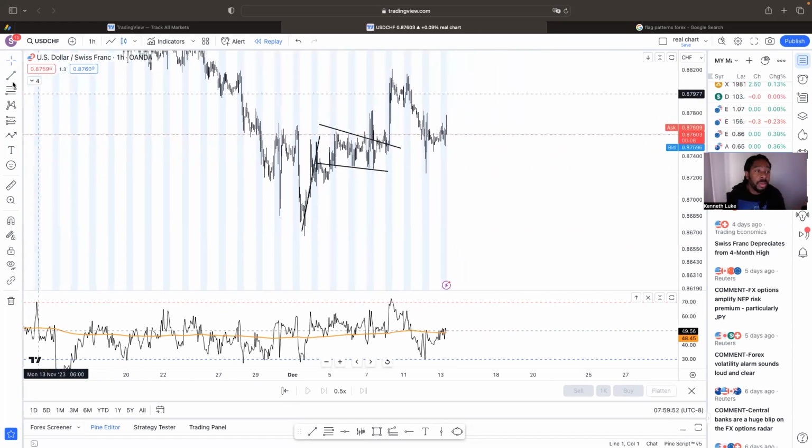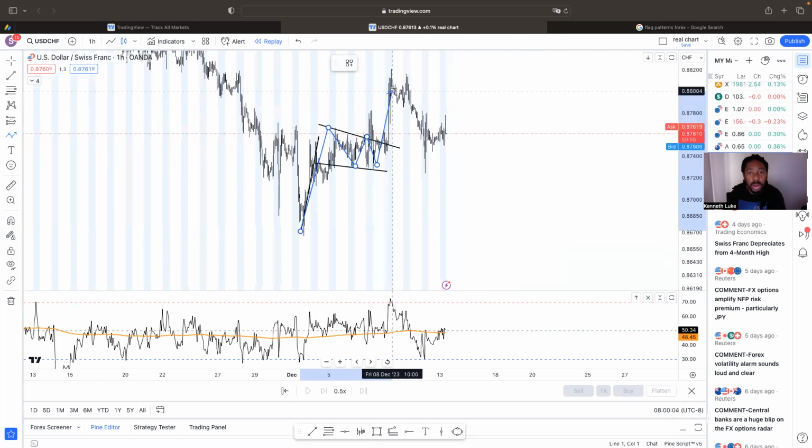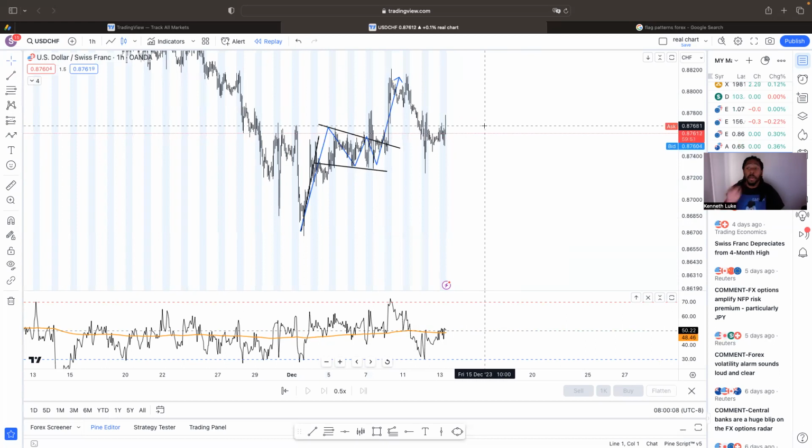It's going down, bearish flag. And so what happens is it comes in here, boom, shoots up, boom, comes back down, boom, shoots back up, boom, comes back down, boom. So that's more like a bullish flag, right? This is an example of a bullish flag.